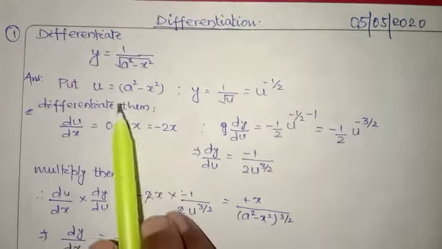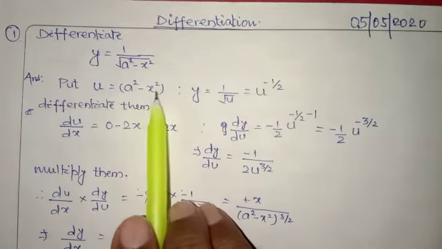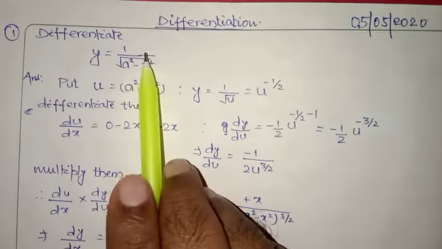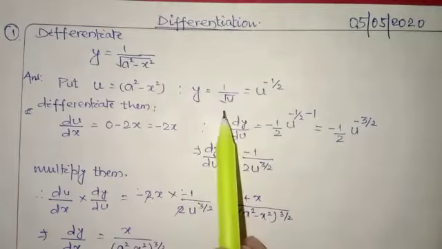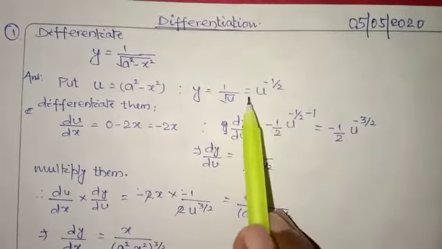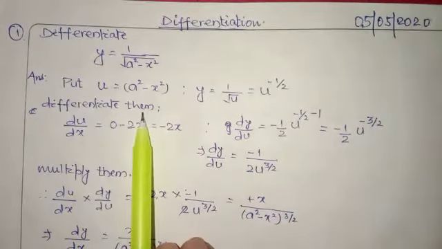Here we first put u is equal to a square minus x square. Then this becomes 1 upon under root u, which should be u to the power minus 1 by 2. Now differentiate them.